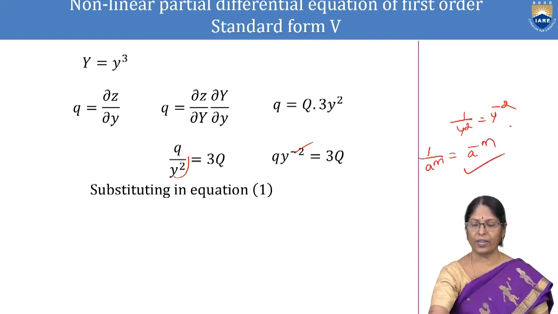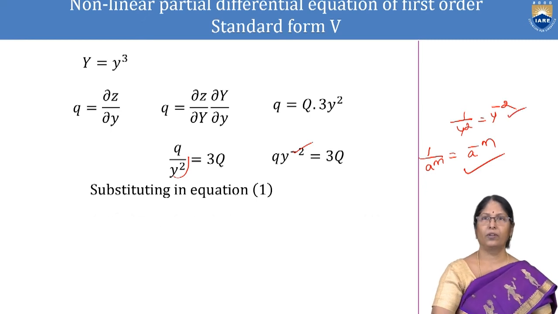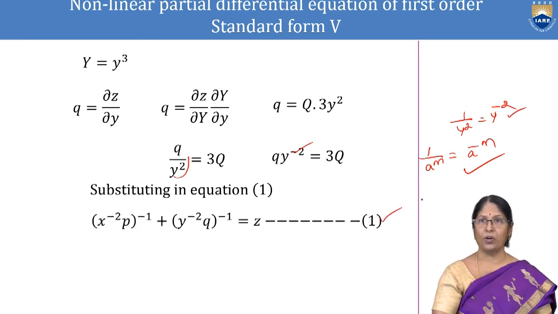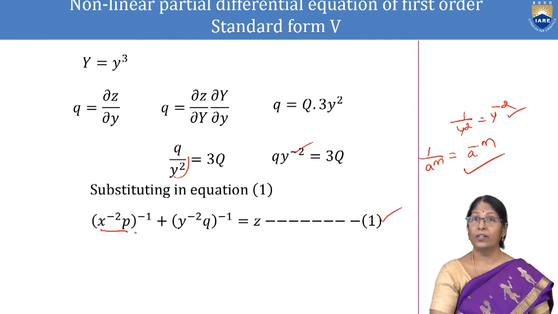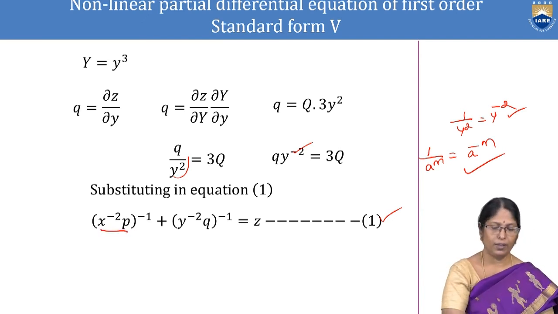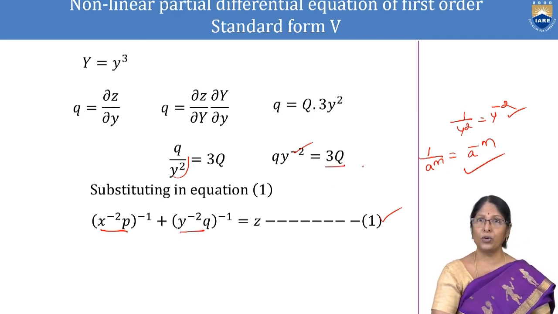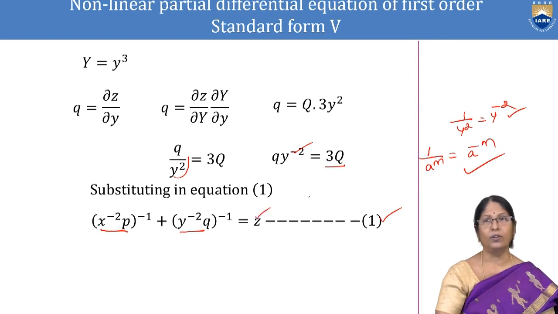This law is satisfied, which is written here. Now this is our equation 1. This is nothing but 3 capital P, and this we got just now, 3 capital Q, which is equal to Z.